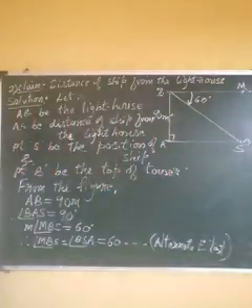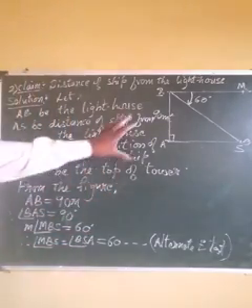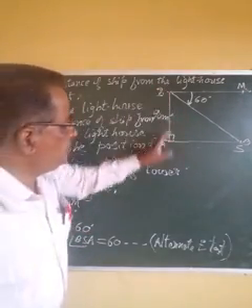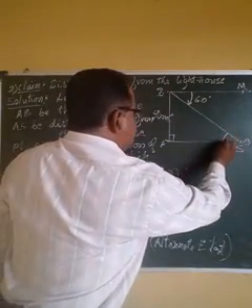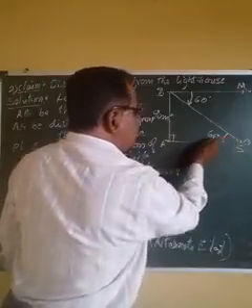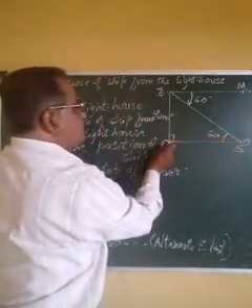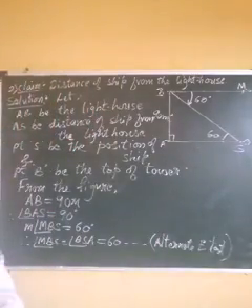Hope you must have understood how to write down from the figure the given points. And then we have a right angle triangle BAS, in which this angle BSA is equal to 60 degrees, and the side opposite to this is AB, and we have to find the distance AS.